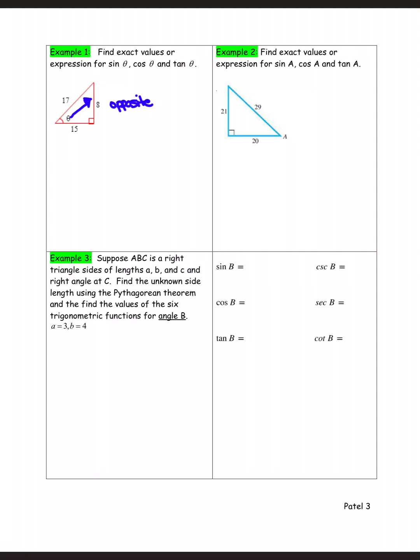And 15 is considered adjacent to angle theta. I want to make sure you understand we're talking about theta. And the hypotenuse here is 17.